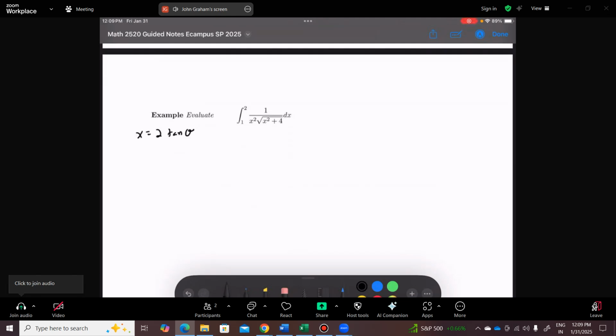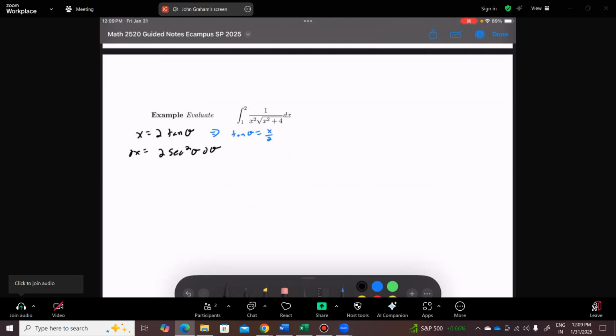And so dx is going to be 2 secant squared theta d theta. One thing we need to do is solve this for tangent, so we'll want to write tangent theta equals x over 2. So I'm dividing the 2 over. It's going to help us out.